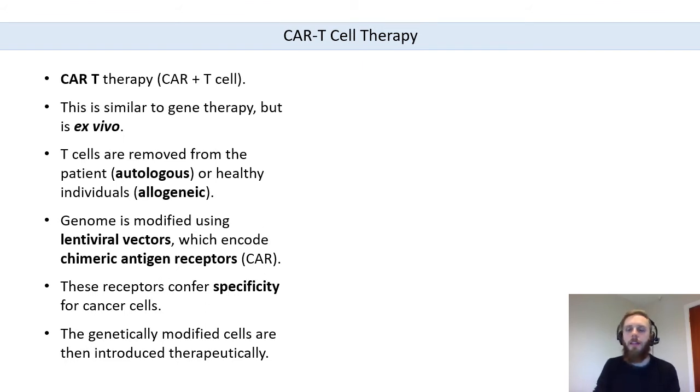So CAR T cell therapy essentially involves modifying an individual's immune cells, again genetically modifying them, in a way that enables these cells to attack cancer cells. One of the issues with cancer is that cancer cells are an individual's own cells, so it's very difficult to target these cells without also targeting other, healthy cells.